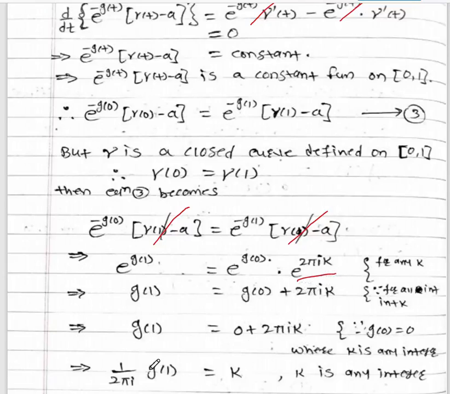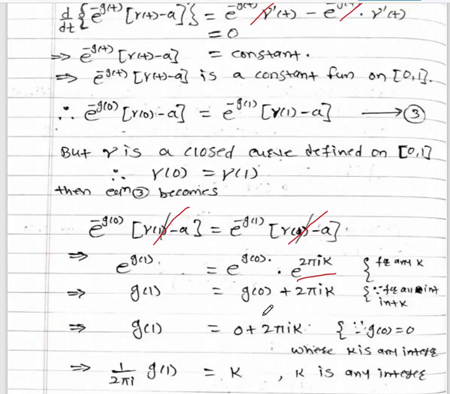The value of this term is 1. So we can write this term in this way, for any integer k. Okay, so taking log on both sides, we get g of 1 equal to g of 0 plus 2 pi i k, using product formula.